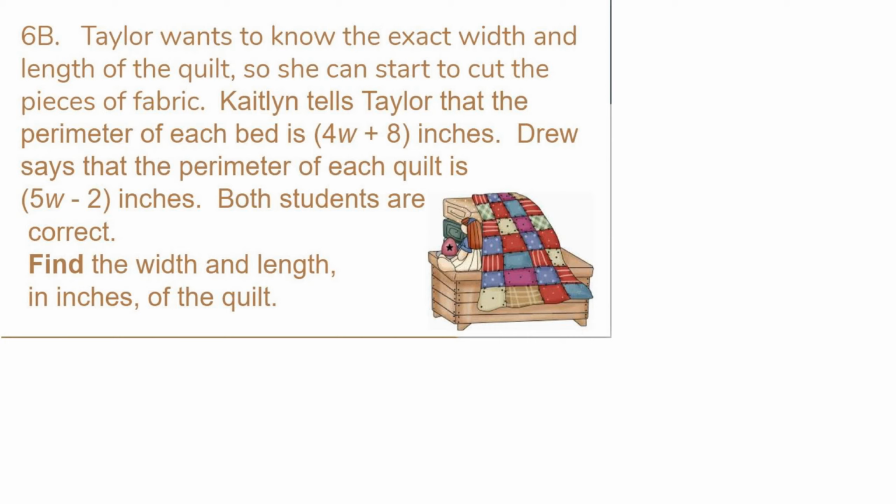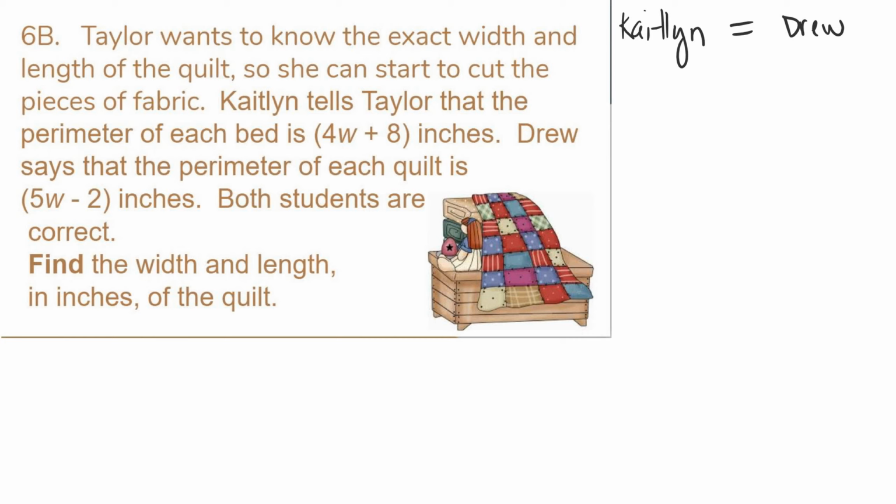So if Caitlin and Drew both are correct, that means they have to be equal.